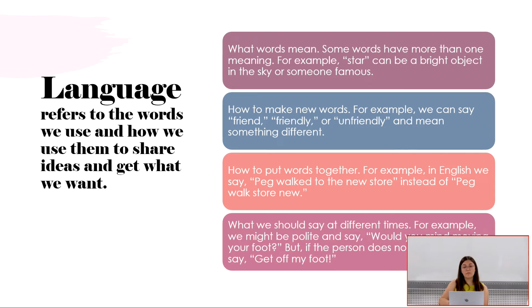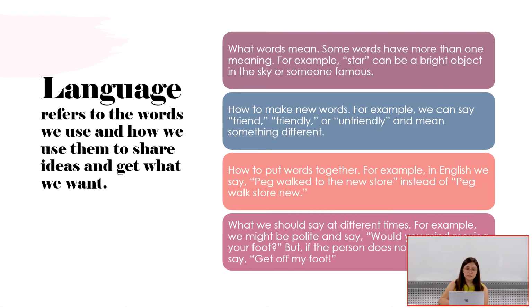Also, when we know a language, we know how to put words together to create a meaningful sentence. And as we continue learning a new language, it comes to us much more easily. And knowing a language is also knowing what to say in specific contexts or at different times.